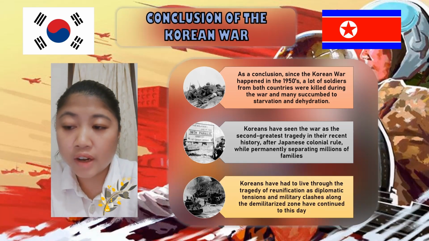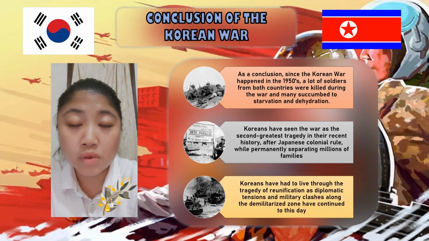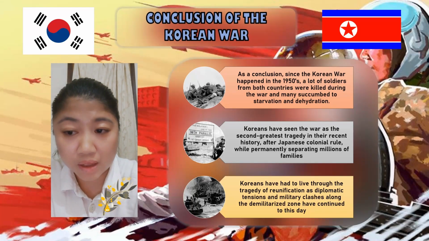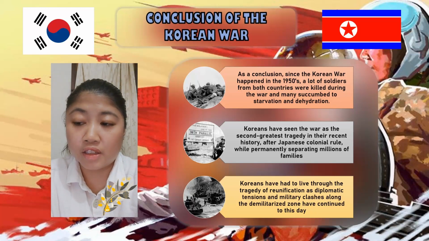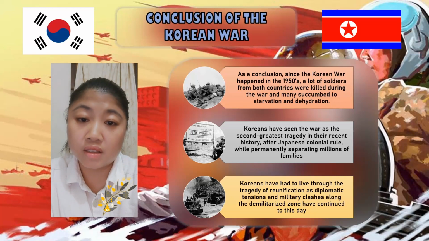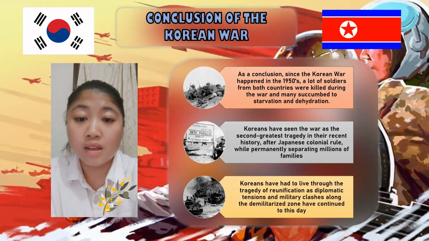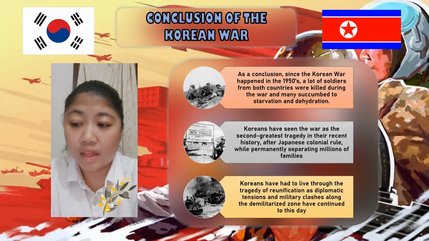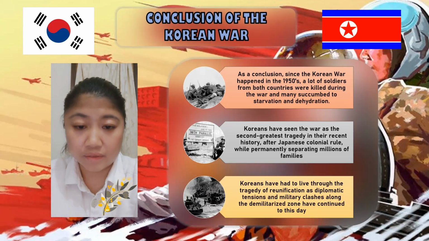Instead, Koreans have had to live through the tragedy of division as diplomatic tensions and military clashes along the demilitarized zone have continued to this day. And both countries still think they are the only legitimate government of all of Korea.